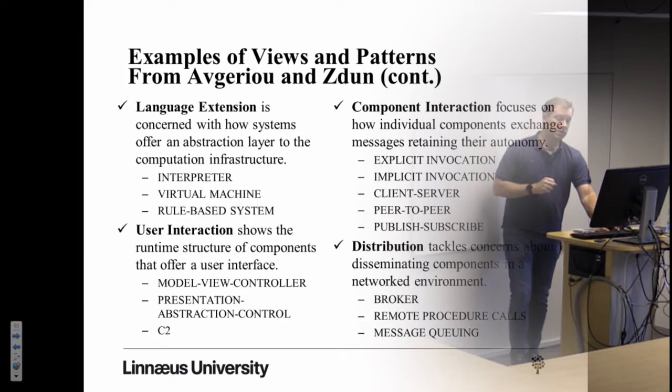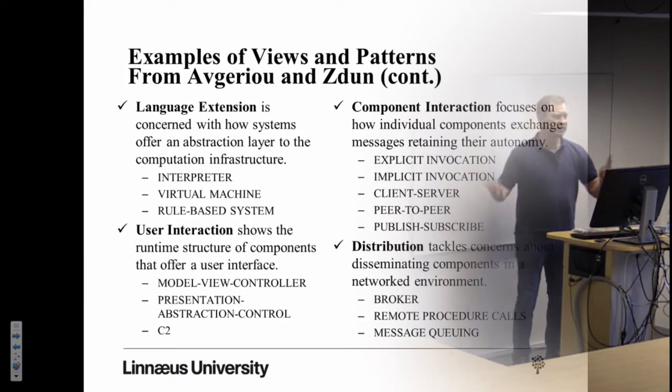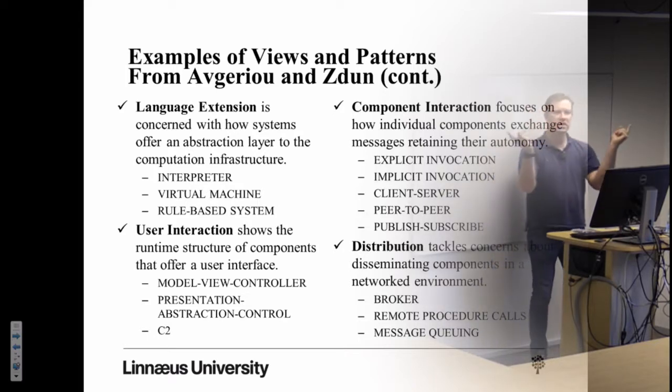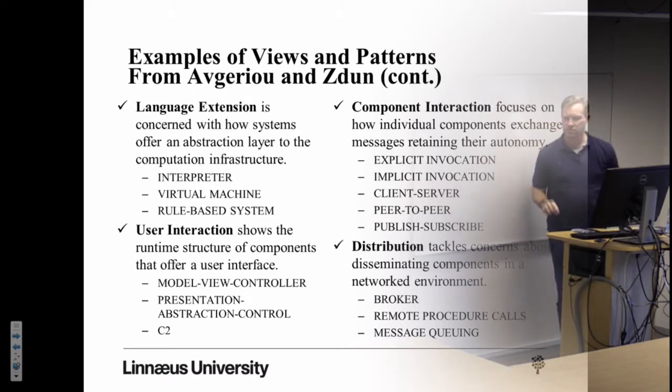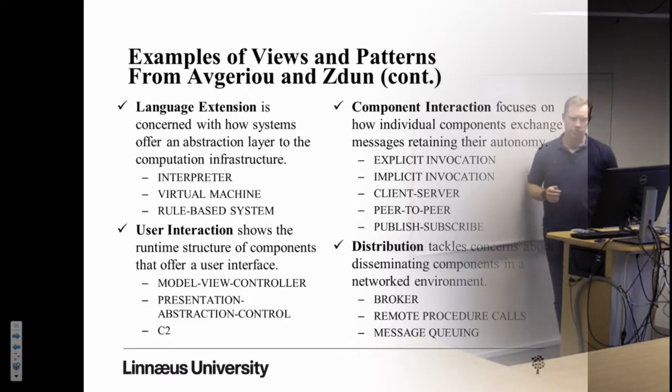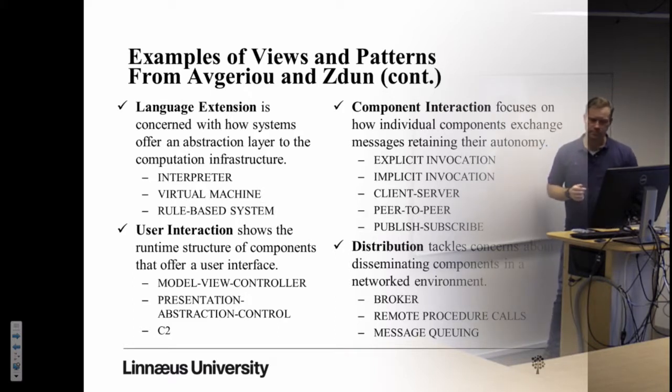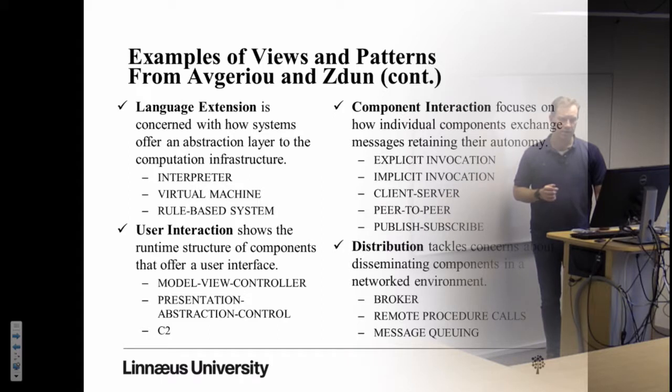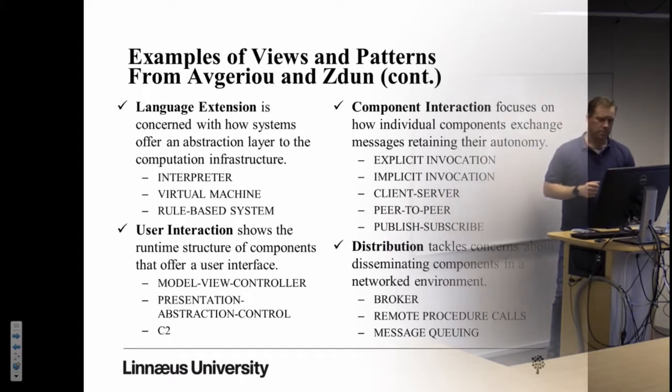And of course, when it comes to component interaction, that is how we define the communication between the subsystems in our whole system, well, then we have a plethora of options. We have synchronous or asynchronous communication.